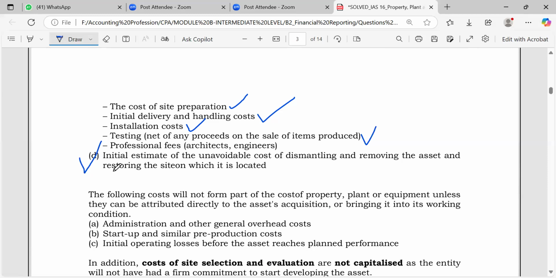Those towers, someone may install them and be given 30 years, after which they have to remove them. So you count the cost from the very beginning.